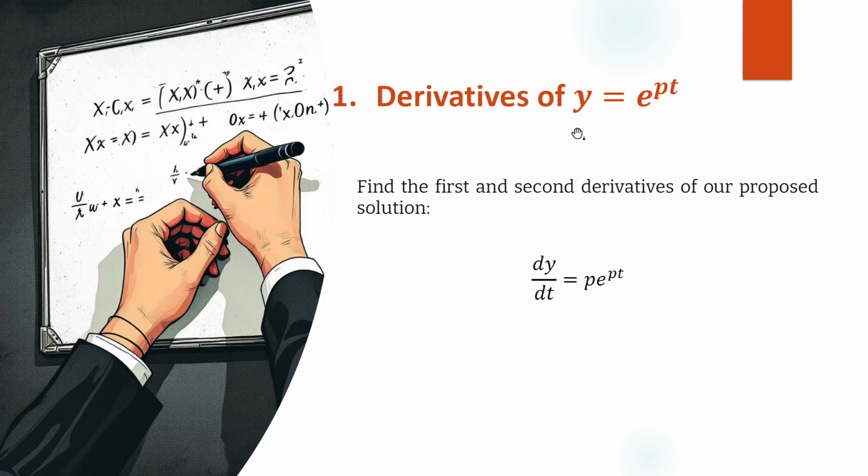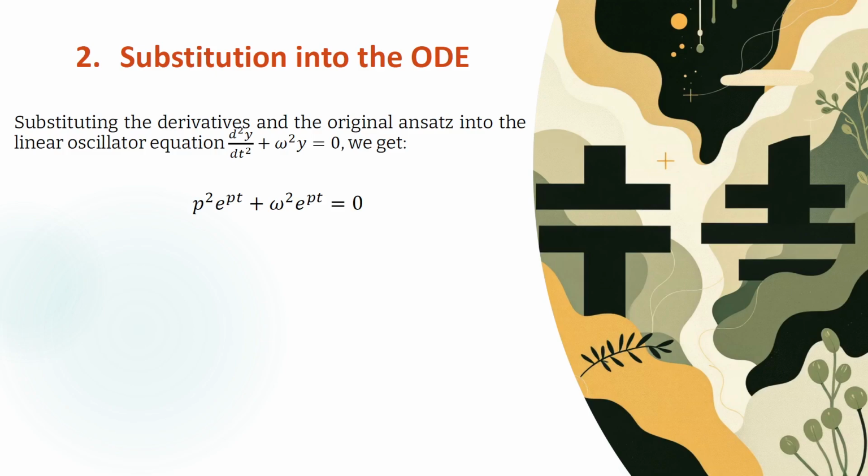The ansatz is y is equal to e to the pt. So we first find the first and second derivatives of our proposed solution. Here we have dy over dt, or simply y prime, is equal to p e to the pt, and of course our second derivative is given by p squared e to the pt.